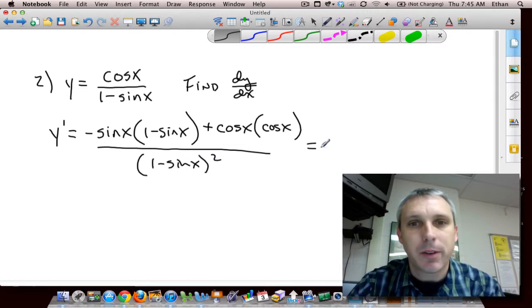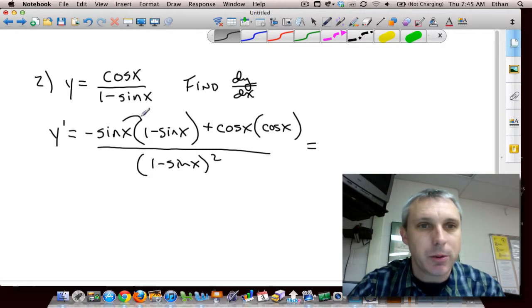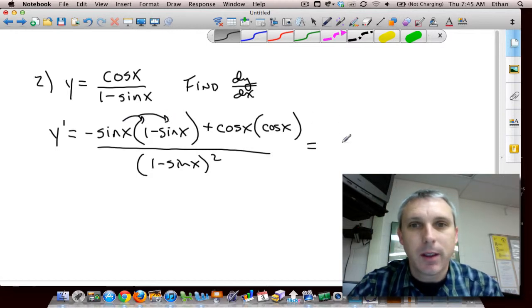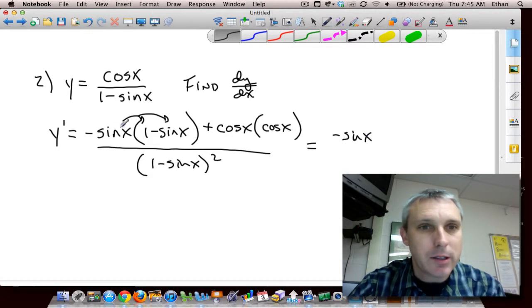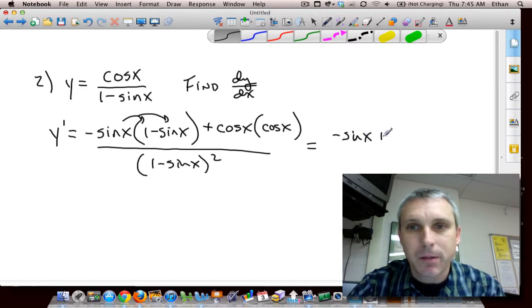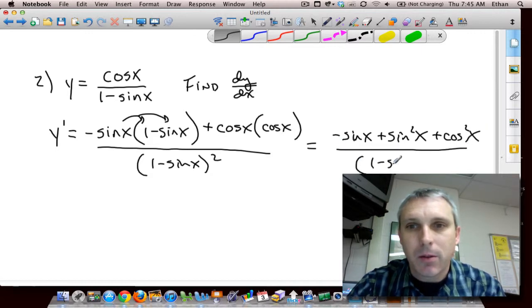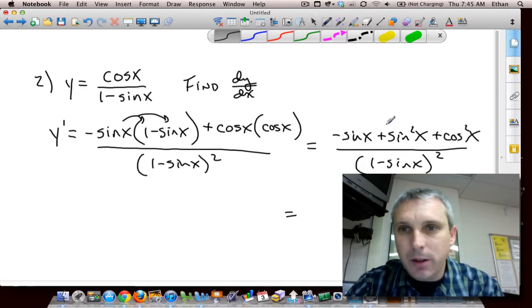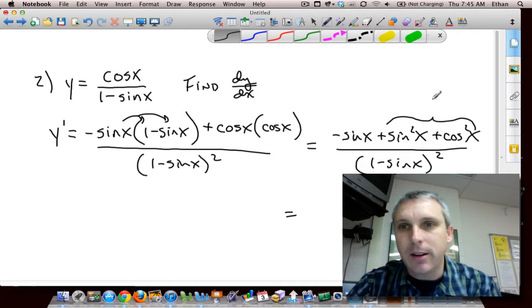And let's do some simplifying here. I'm going to distribute here, boom and boom, and I'm going to get negative sine x plus sine squared, multiply here, plus cosine squared over (1 minus sine x) squared. Now, I'm not sure if you remember your Algebra 2 trig days, but this is an identity.